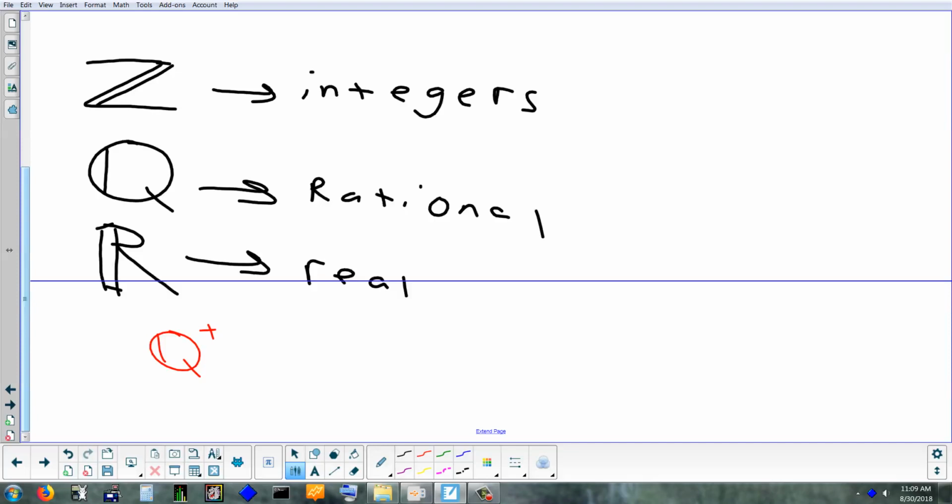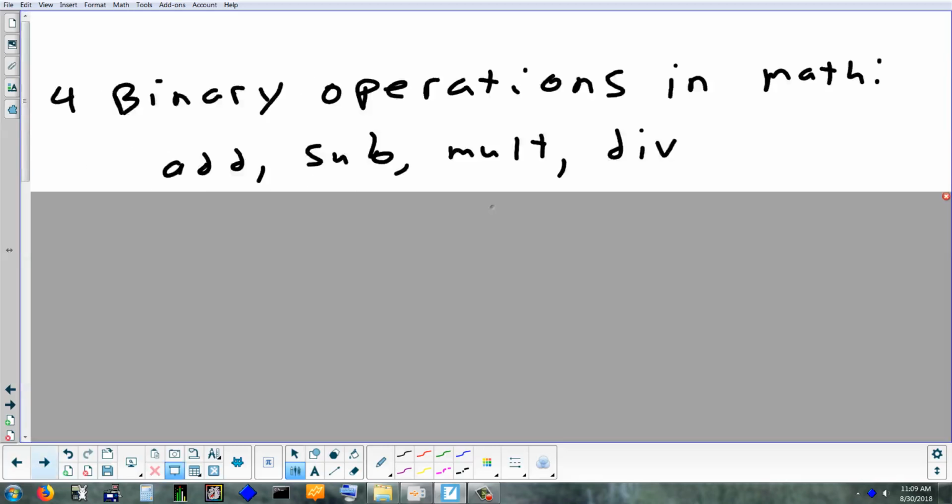How about Renee? Would there be positive integers? I like the first part, positive rational number. So if you see a Q with a plus, that means we're talking about positive rational numbers. Okay, so you can put a plus or a minus if you want to indicate positive or negative.